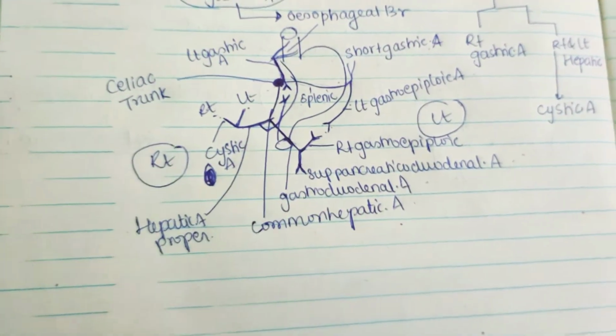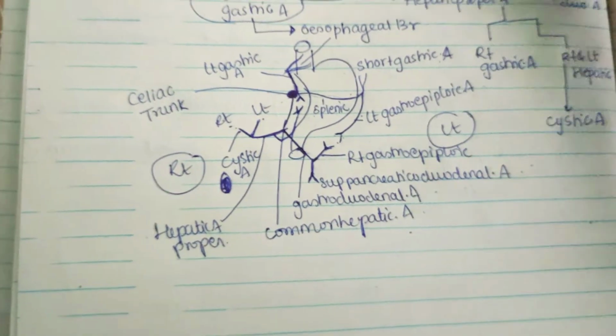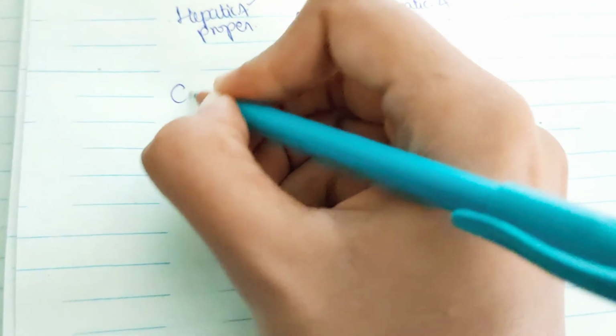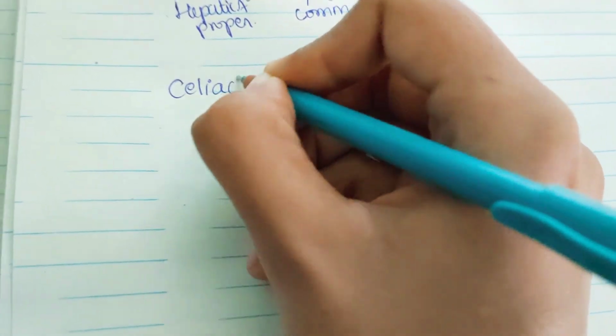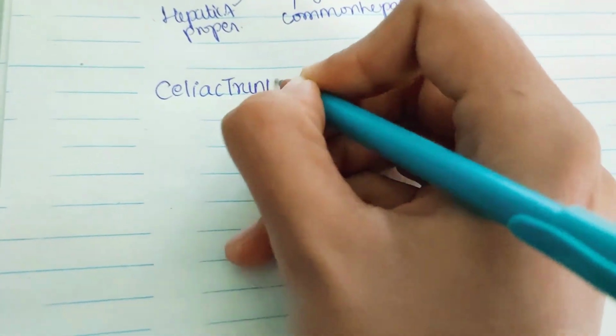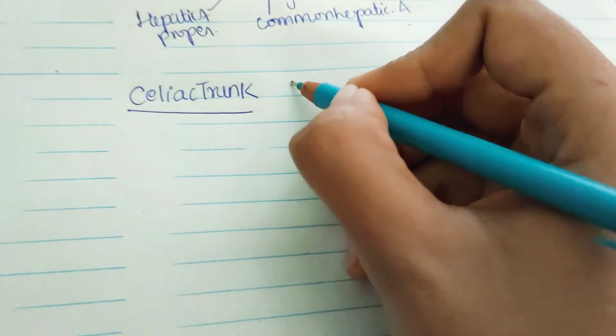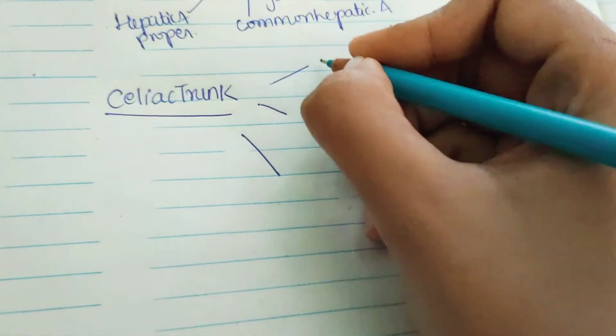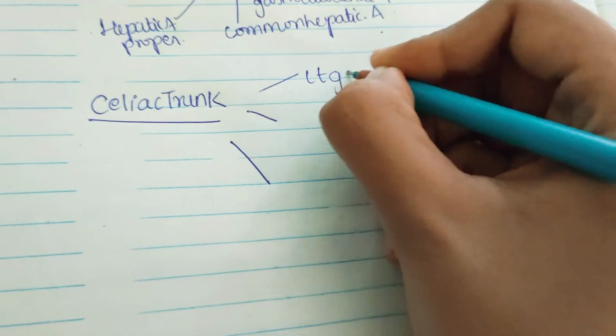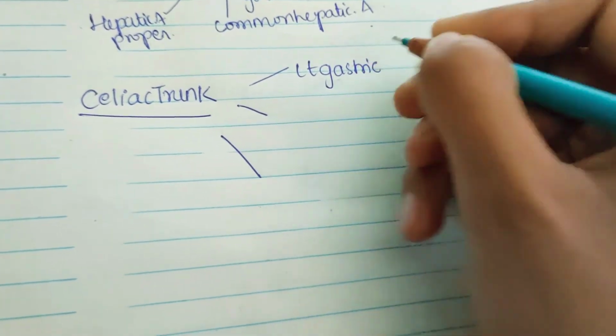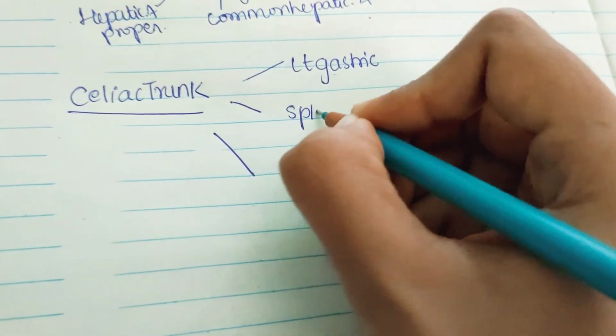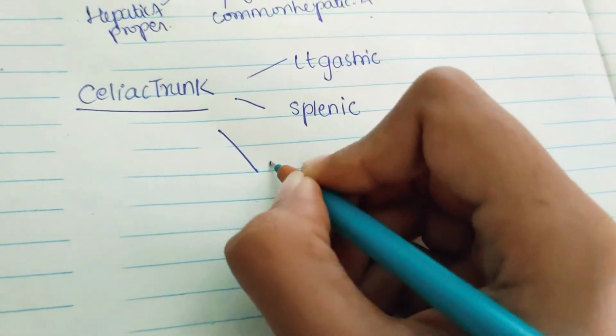Once let us draw a flow chart like thing to end up this session. Okay. So celiac trunk, 3 terminal branches, left gastric, splenic, hepatic.